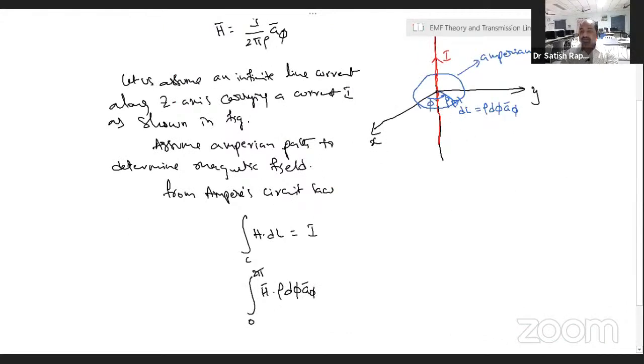So this is the phi direction, like this. Therefore dl is replaced with rho d phi a phi bar, and this is equal to I.